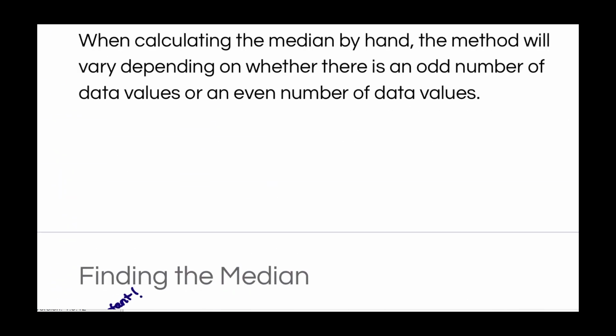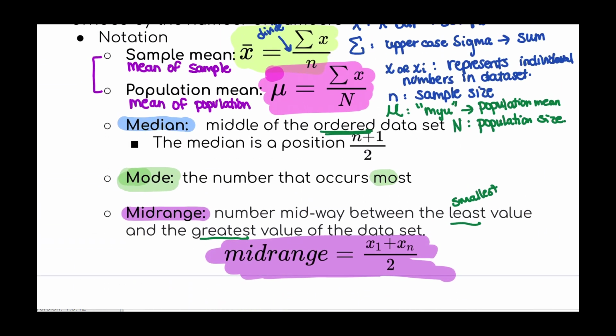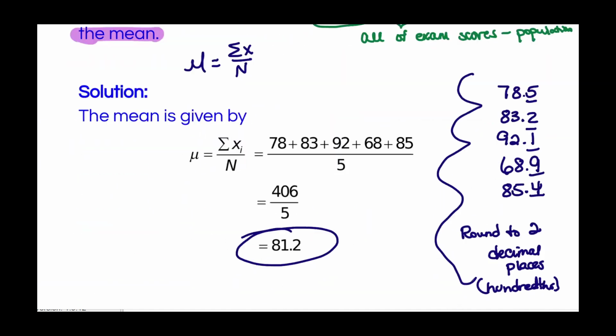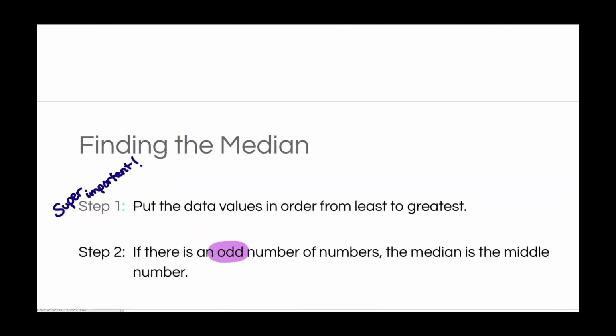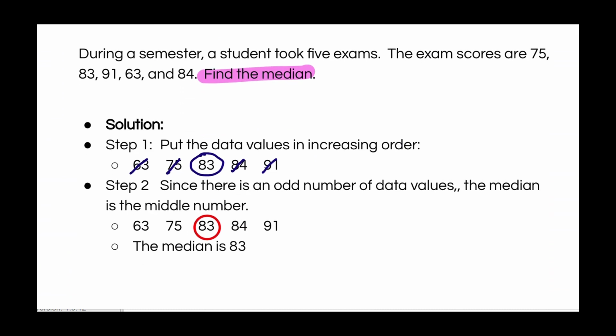I did want to show you how that little formula works. The n plus 1 over 2, that is right here. I want to show you how that applies if we were to do the same problem. So if I were to say n plus 1 over 2 to find the location of the median, n is the number of numbers.